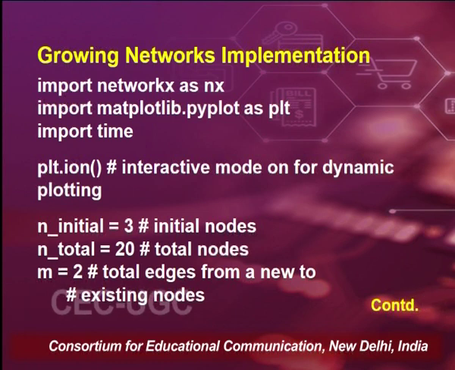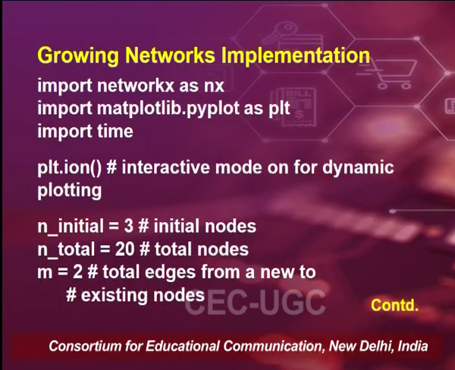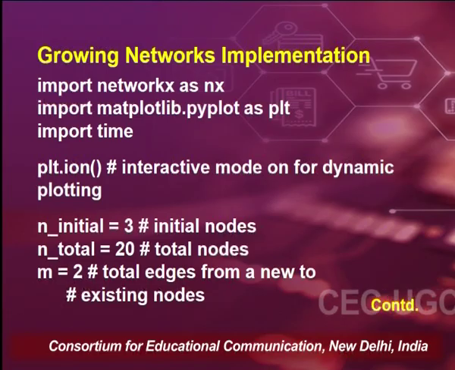Let's say we are starting with initial nodes equal to 3. So there are initially 3 nodes or 3 people starting, say, a social network or a social circle of discussion, and we want a total of 20 nodes by the end of our simulation time, t.